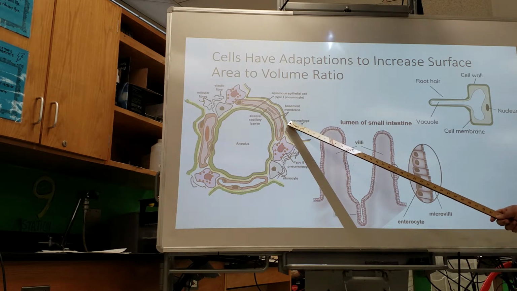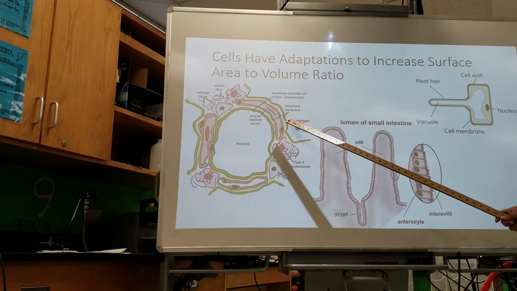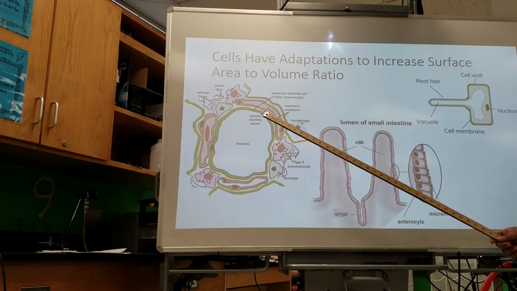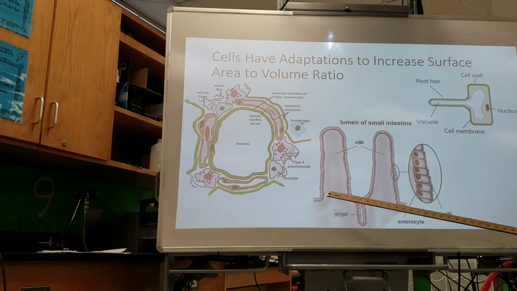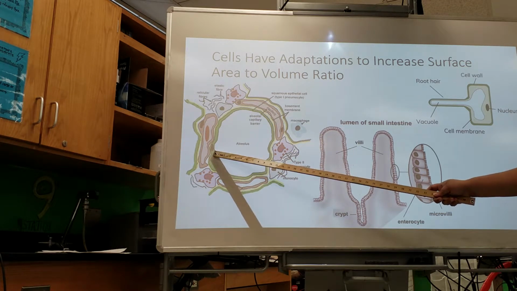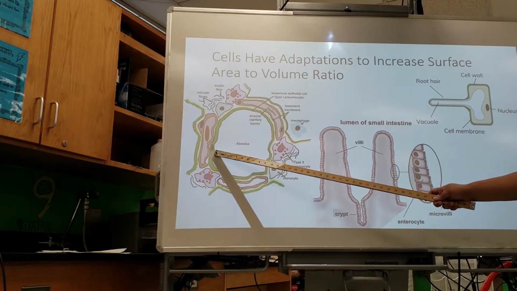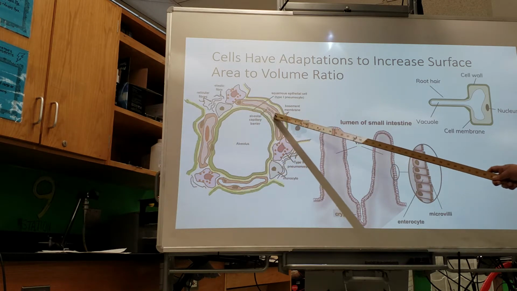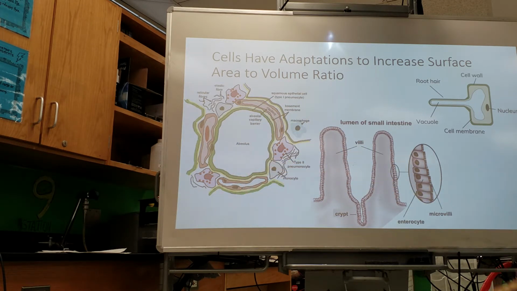This is a cell in the alveolus, which is the part of your lung where gas exchange happens. So you'll notice, you see that speck right there, that is the nucleus of a cell. The cell looks really large, but it's actually got a hollow space inside.